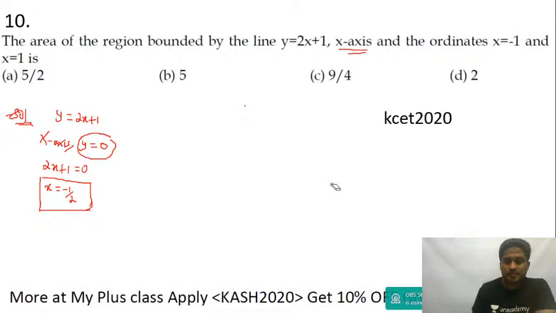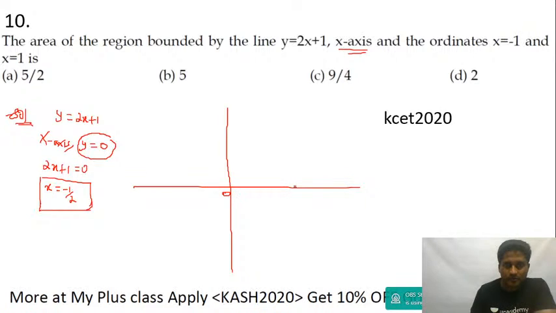Now x is equal to 1, and then x is equal to minus 1.